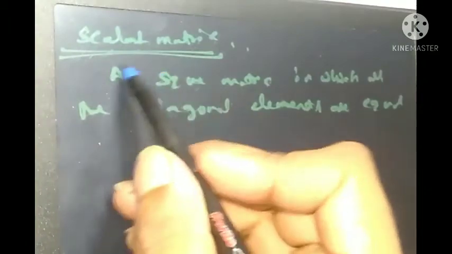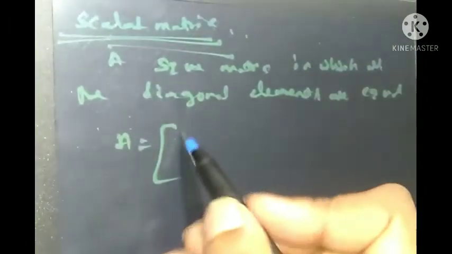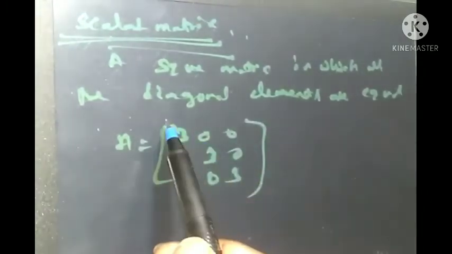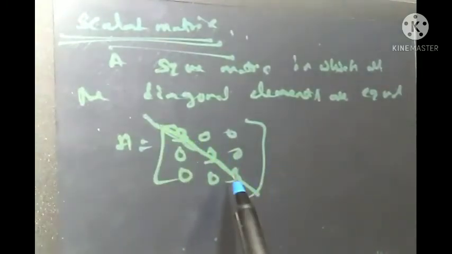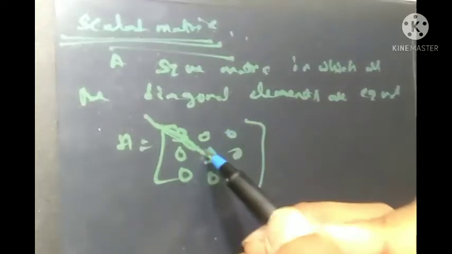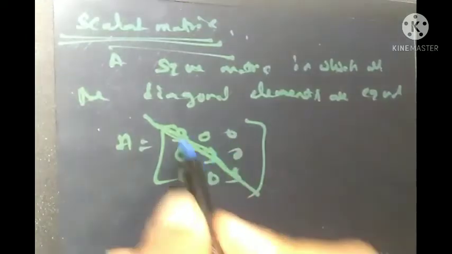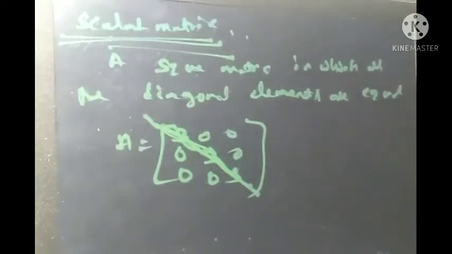For example, we take A as 3 0 0, 0 3 0, 0 0 3. In this matrix, all the diagonal entries are equal, and except the leading diagonal entries, all the remaining elements are 0.